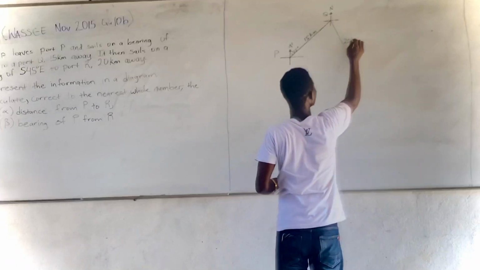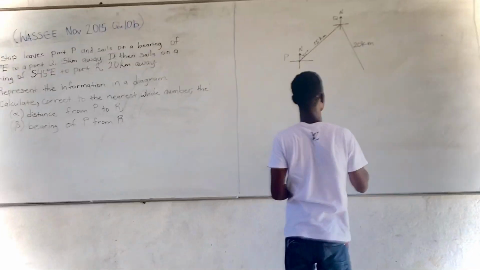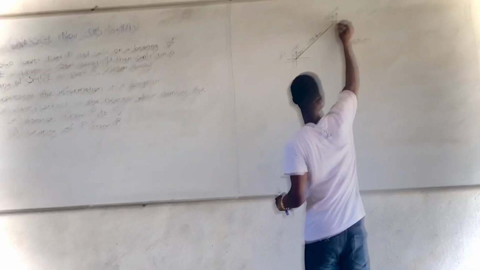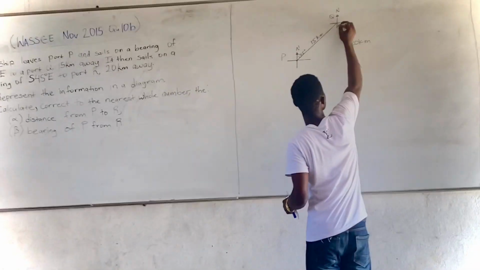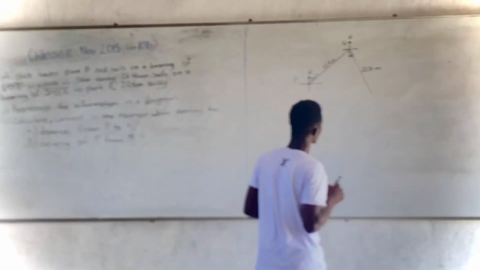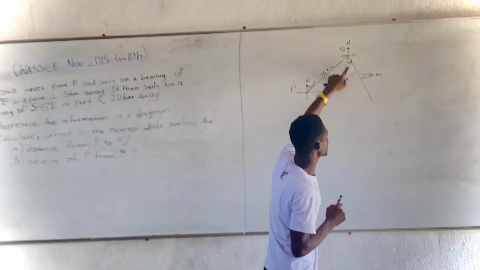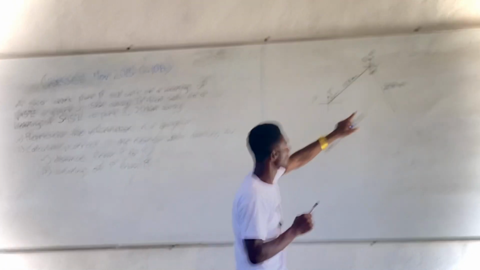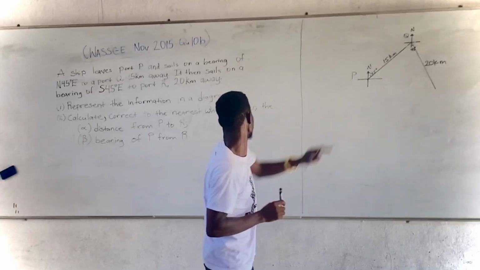And don't forget, it travels 45 degrees from south towards east. So please make sure you have the representation of the angle, or else after drawing the diagram, you might forget what to do next.